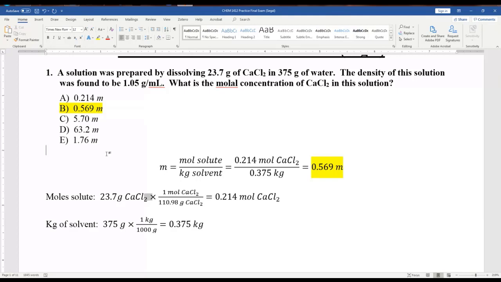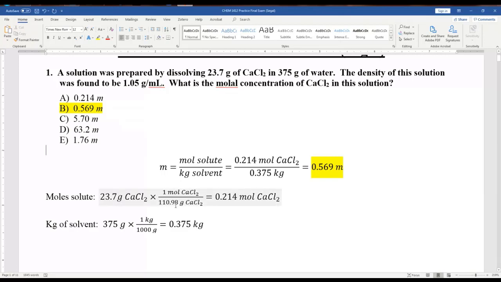So focus on what the problem is asking for, and don't necessarily try to figure out a way to use every single piece of information in the problem, because there may be problems like this one where you actually don't have to use everything that the problem gives you. Any questions on that, or does that make sense? All right, cool.